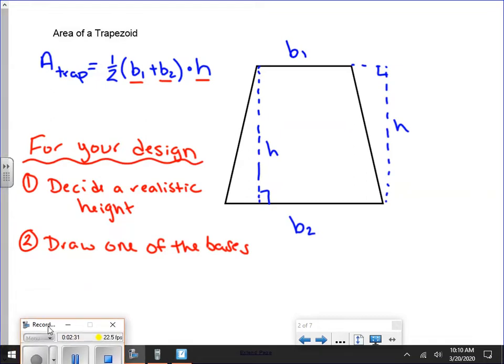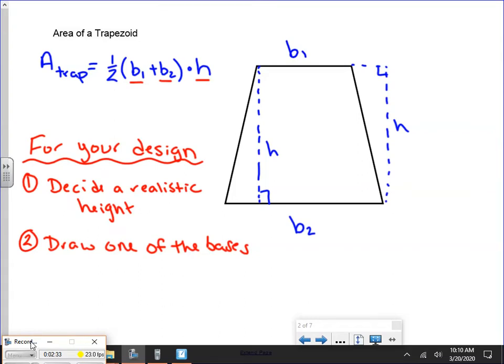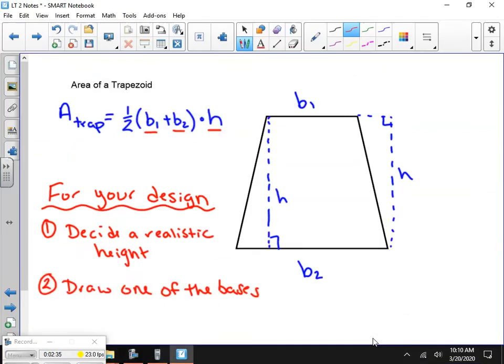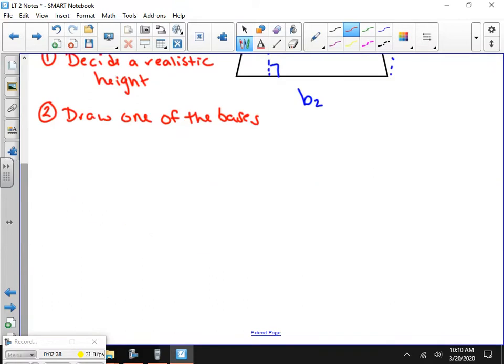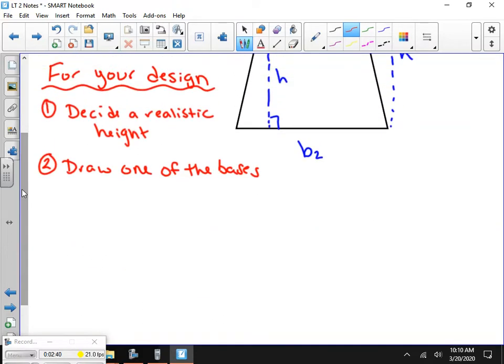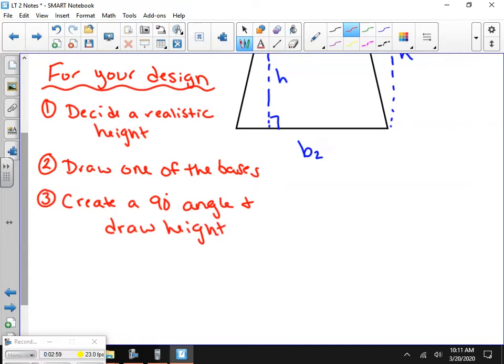And then after that, you're going to create a 90-degree angle and draw the height. And then you'll draw your second base at the end of that height.